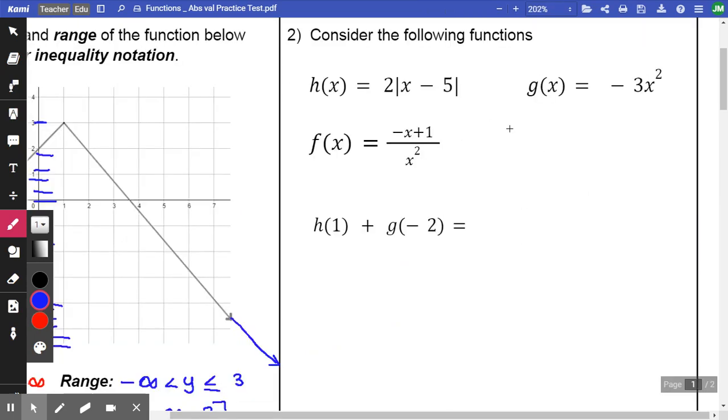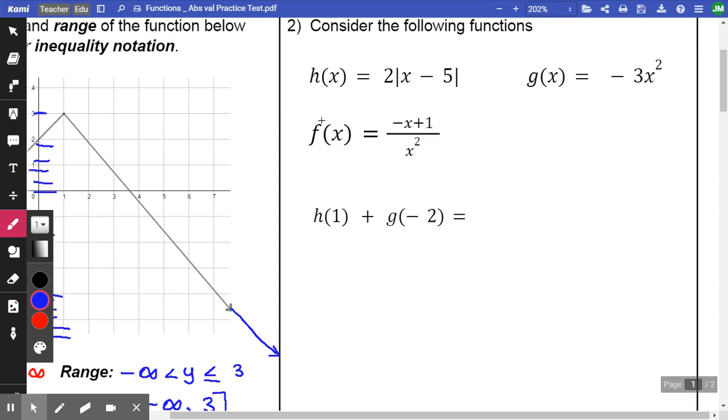Consider the following functions. We have h of x, g of x, and f of x. We have operations involving h of x and g of x. We need to evaluate at 1 for h and at -2 for g. So that means that we're not going to be using f of x.